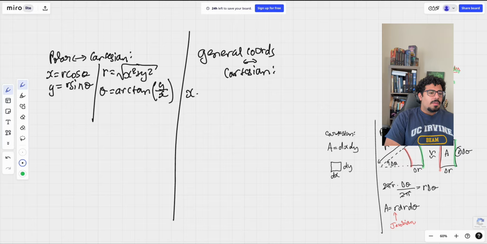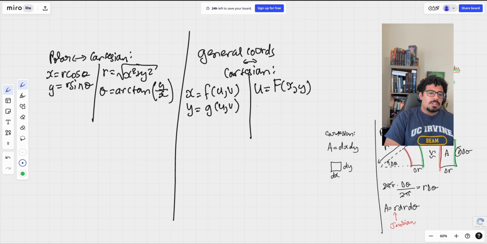We have x is defined as some function of the basis of that coordinate system, which is u and v, and y is defined in a similar way. And u in turn is defined as some combination of x and y, and v is similarly defined.